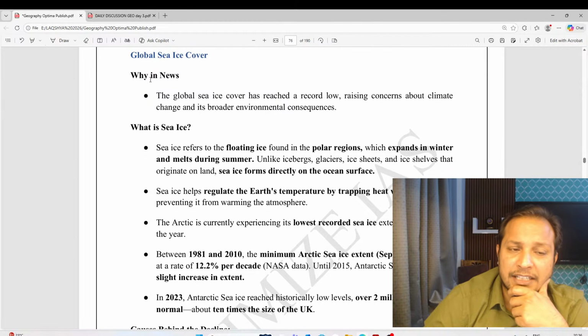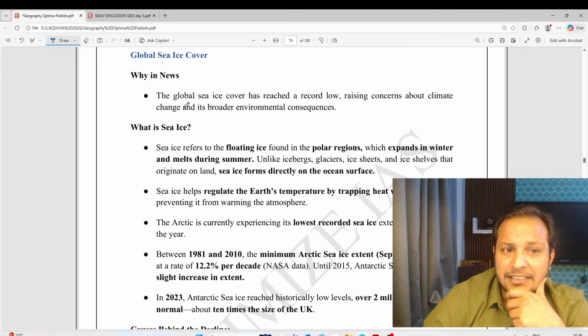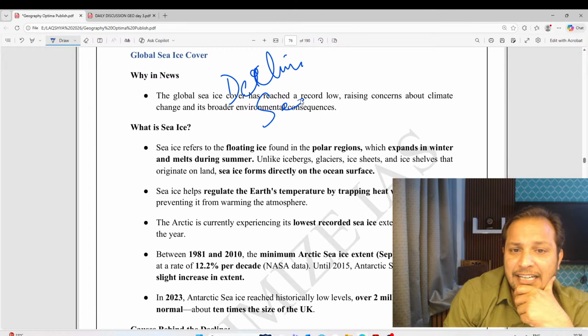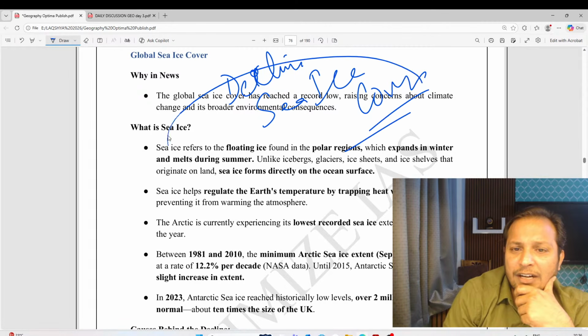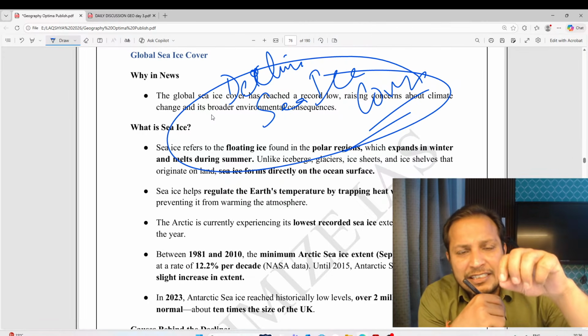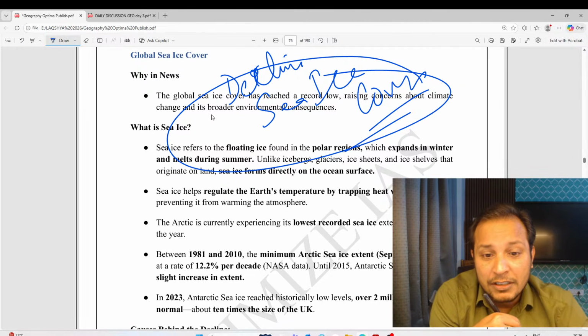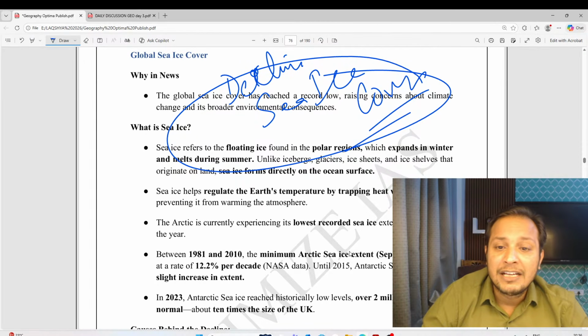If you see here, in the global sea ice cover, there has been a decline in sea ice cover. So guys, what happens when the sea ice cover falls, particularly in the polar regions? There is a concept called albedo.